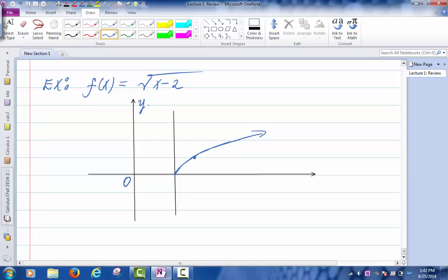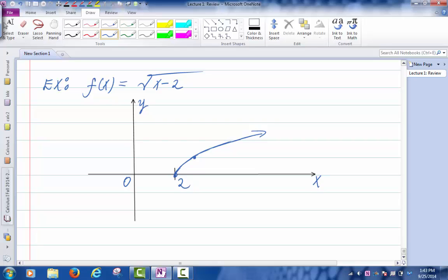So this is the y-axis, this is the x-axis, this is the number 2 right here. Okay, so that's the graph of this function.